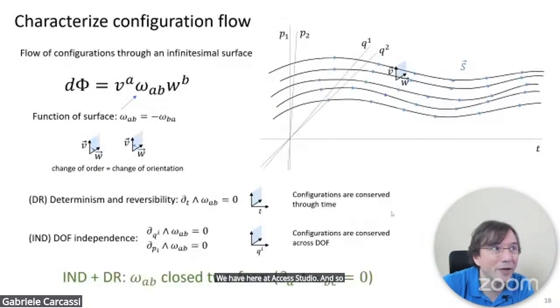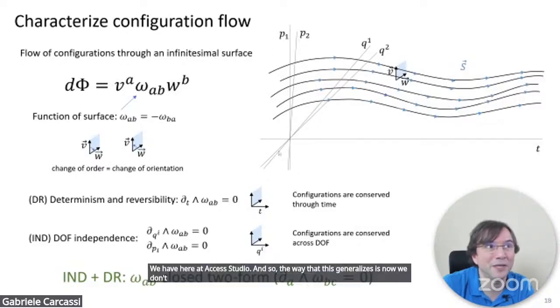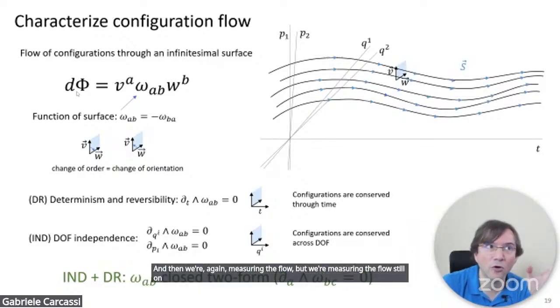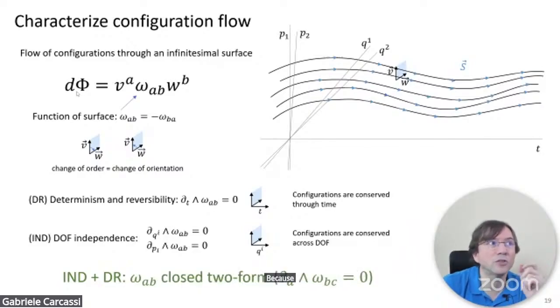And so the way that this generalizes is that now we don't just have a Q and a P here, we have all the possible degrees of freedom, and again we have a flow in time. And then we're again measuring the flow, but we're measuring the flow still on area, not on volumes, because we want the flow of a configuration of each degree of freedom.